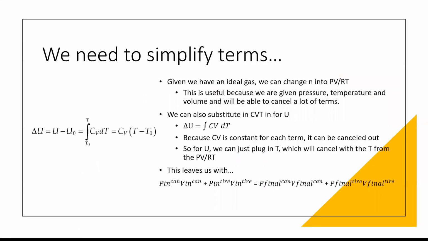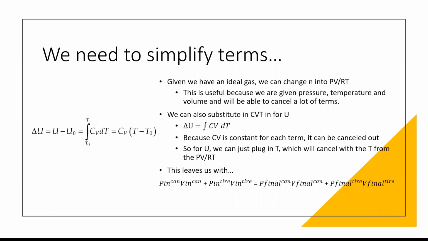We're also able to simplify some terms before we begin this problem because we do have some unknowns. Given that we have an ideal gas, we can change N into PV over RT. This can be useful because we're given a pressure, temperature, and volume, and we'll be able to cancel out terms in the end. We can also substitute in CvT for U, because we know that delta U is equal to the integral of Cv dT, and because we have Cv as a constant for each term, it'll be canceled out.